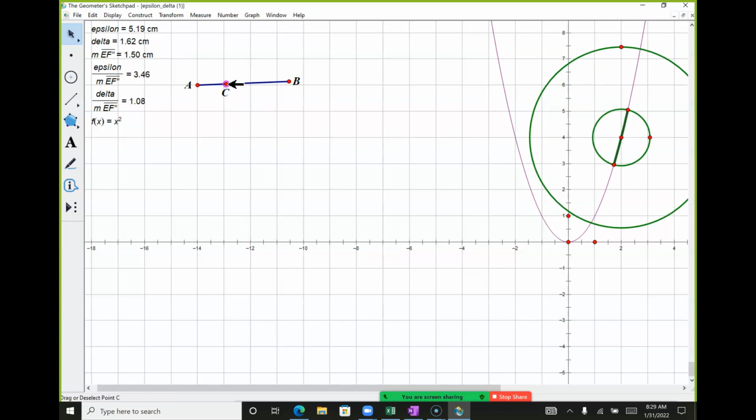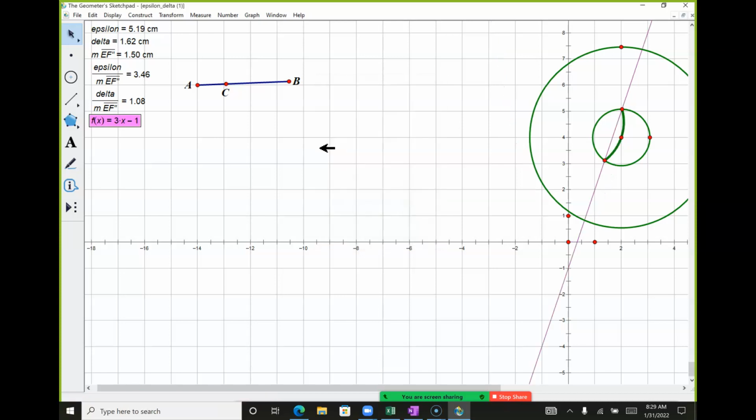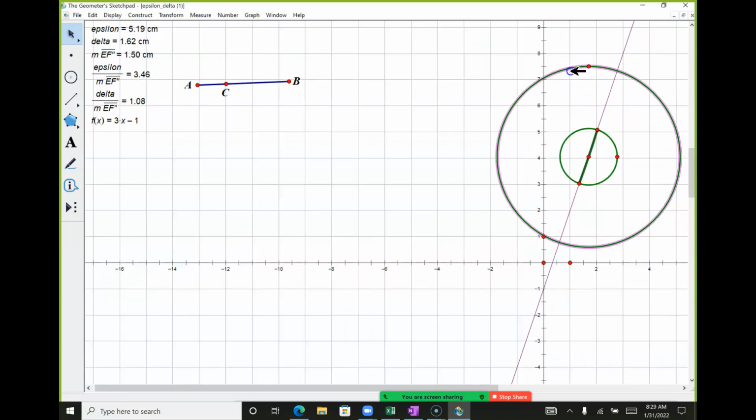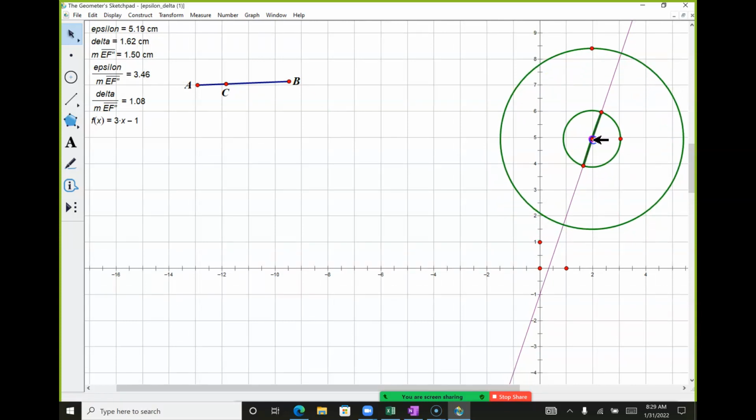So A to B is my epsilon, right? And A to C is my delta. Okay. So I want to change my function here. What did I have? 3x minus 1, right? And I got a value of 5 when x goes to 2.